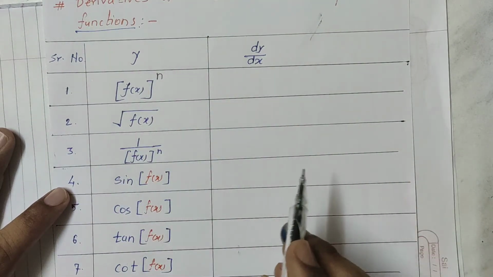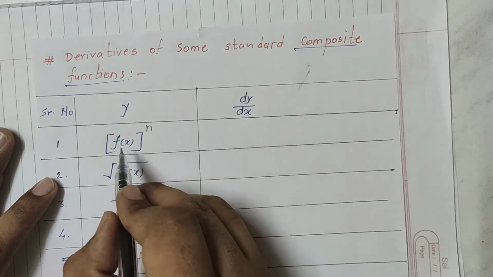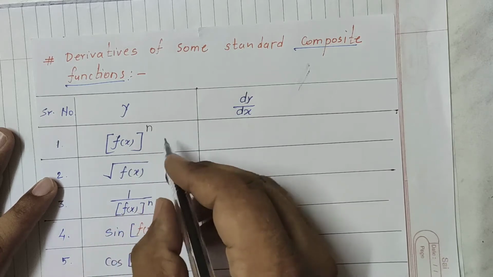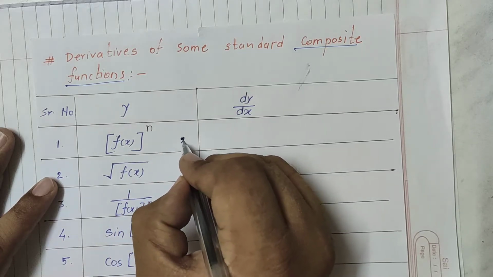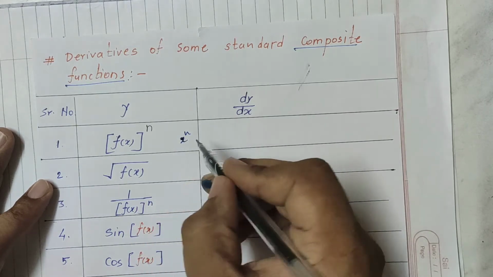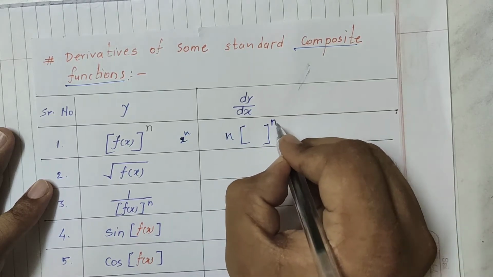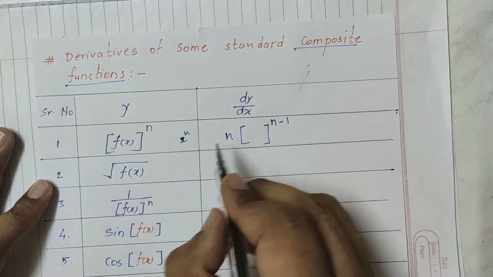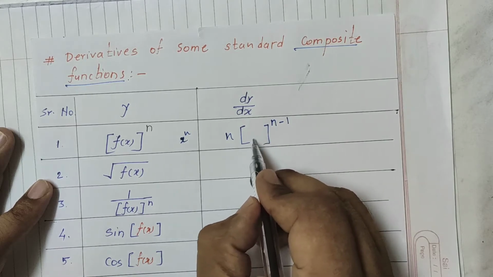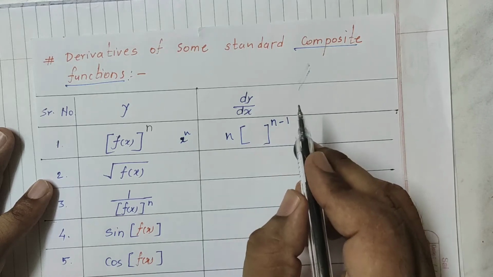If you apply any formula, it looks like this form. So first we take f of x raised to n, which looks like the x raised to n form. What is the derivative of x raised to n? It is n into x raised to n minus 1.